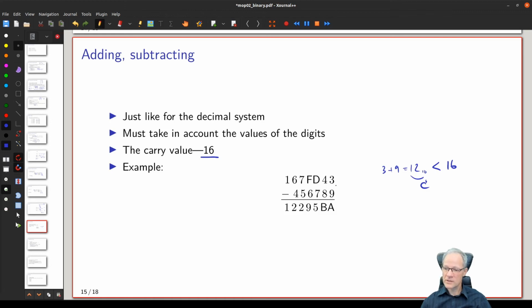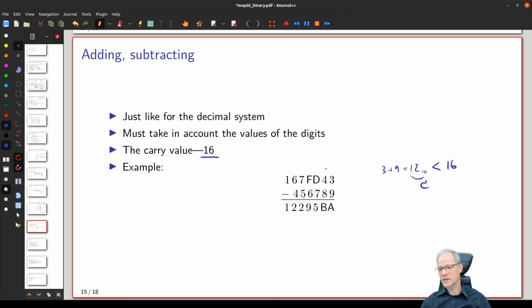Now, of course, in this example, we are doing the subtraction. For the subtraction, again, it's the same algorithm as with the decimal system. So we try to subtract 9 from 3. We cannot, so that's why we need to borrow 1 from here. And when we are borrowing, we're actually borrowing 16 in decimal or 10 in hexadecimal, right?